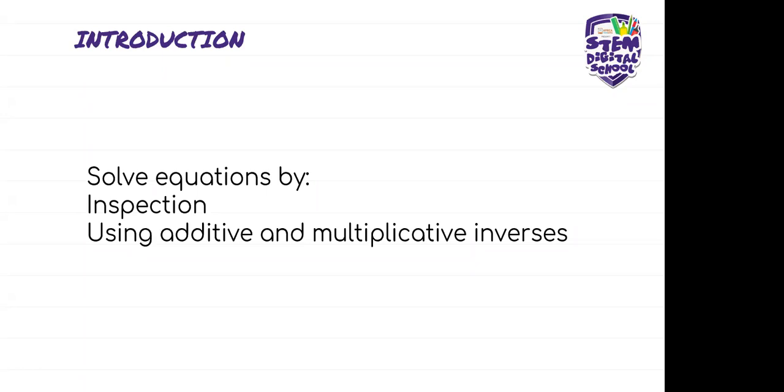The most important thing is to know how to find the variable. So even if it's on the right-hand side, you can still apply the same principles of additive as well as multiplicative inverses. What is very important, again, is to realize the importance of solving equations by inspection.